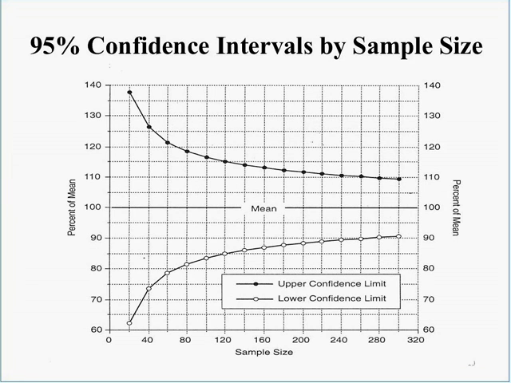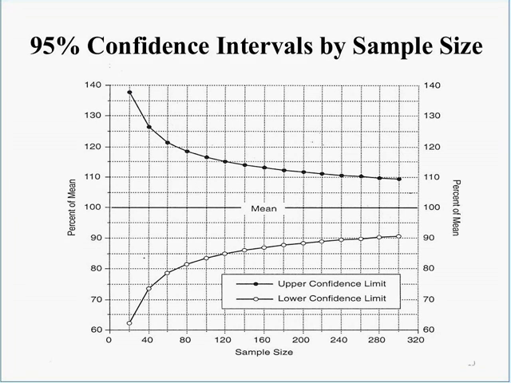It figures, though, if you think about it without numbers, logically, the more data you collect, the more certain you are that you're getting closer and closer to the true value. And for those of you who might remember, when you were back in high school, those two lines, the upper confidence limit and the lower confidence limit, are really asymptotic functions.